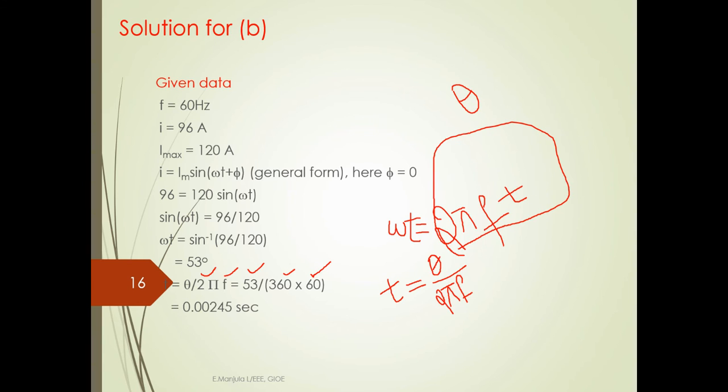Which is equal to 0.00245 seconds. So that is the time taken to get 96 amps. At t equal to 0.00245 seconds, we are achieving the instantaneous value I equal to 96 amps.